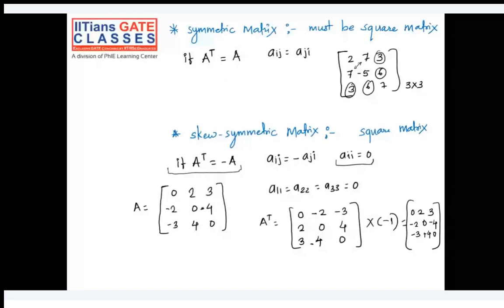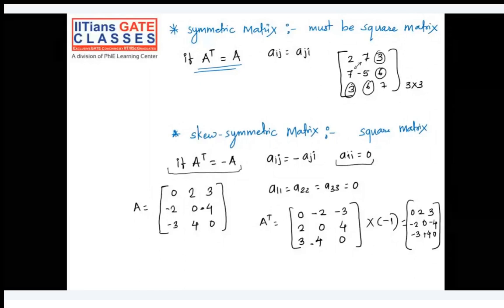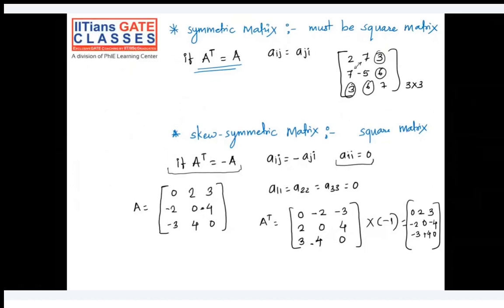And if the transpose of the matrix is equal to negative of the matrix, minus times matrix, then you call it a skew symmetric matrix. I'll repeat. If A is equal to A transpose, then that is a symmetric matrix. But if A transpose equals minus A, you can call it a skew symmetric matrix.